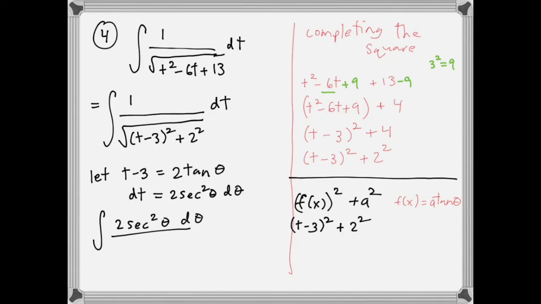The bottom is going to have the square root of, we have 2 tan theta, right? I'm going to replace t minus 3 with 2 tan theta, and being squared, that ends up being 4 tan squared theta plus 4.